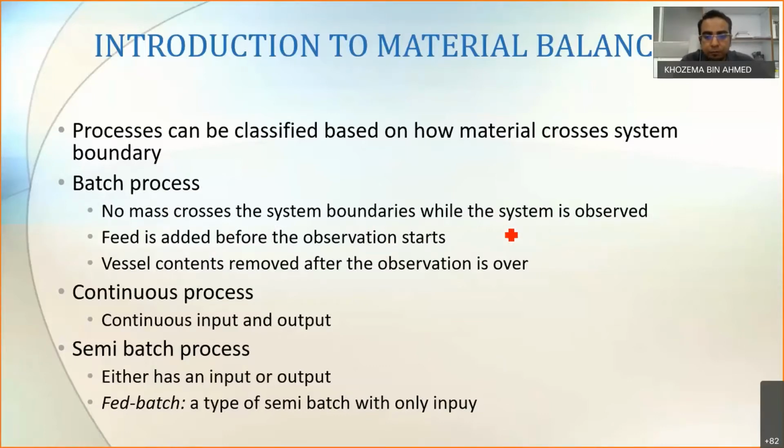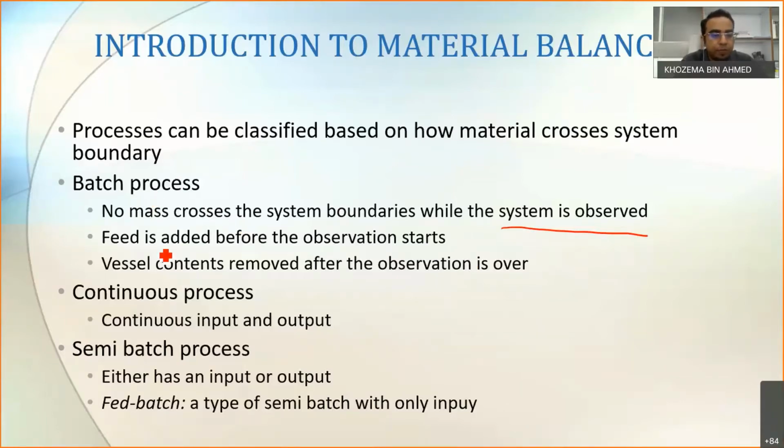As in the example just now, if you have already put everything in your system, and while you are observing the system there is no input and no output, you are not putting anything in, you are not taking out anything, so the process is known as a batch process.